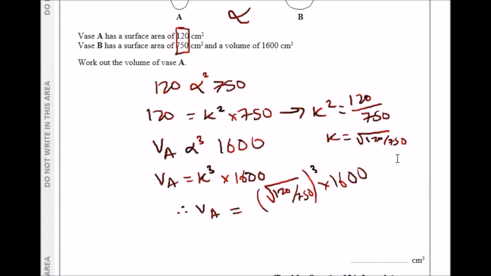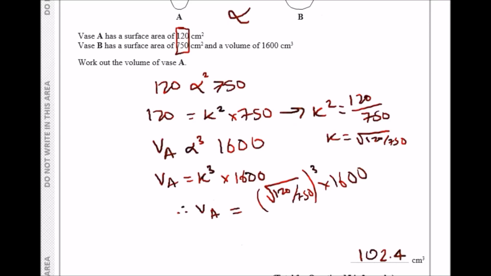I have to cube the result. Bear with me a second, guys. Okay, yep, I got an answer. I got 102.4 centimeters cubed. Cool. I think that should be it. All right, so that should be correct.